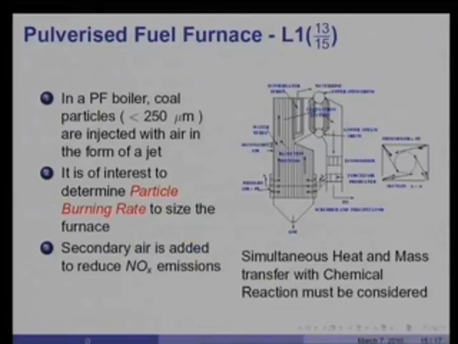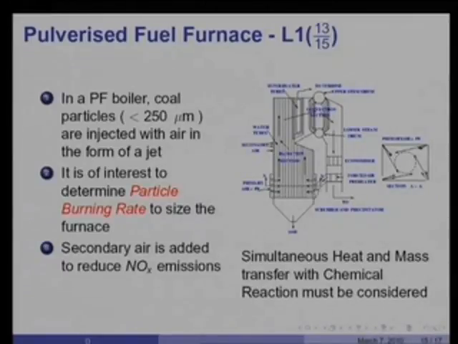I now take another example from the thermal power plant, that of a pulverized fuel furnace. So in pulverized fuel furnaces of the type shown, or the boilers as shown, coal particles, typically less than 250 microns, are injected along with air in the form of jets from the burners, which are located somewhere near the bottom of the furnace.